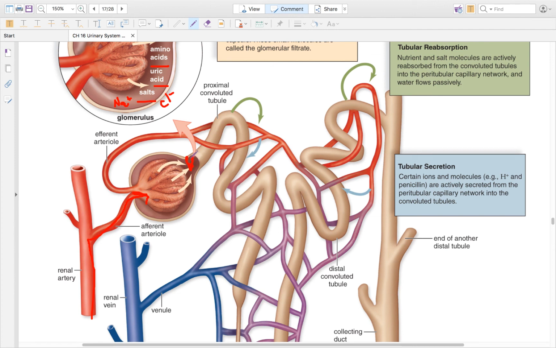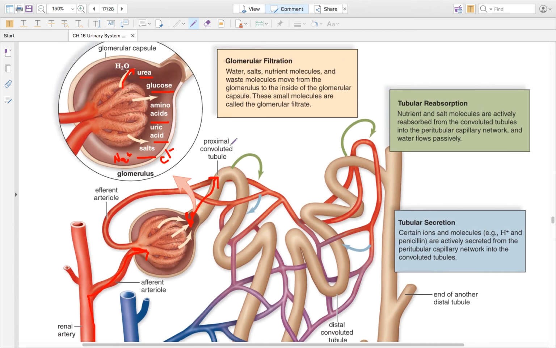Now they don't stay there forever. They're going to move from that point into the proximal convoluted tubule. Before I move to step number 2, let me just show you. There it is. Step number 1, glomerular filtration: water, salts, nutrient molecules, and waste molecules move from the glomerulus to the capsule.